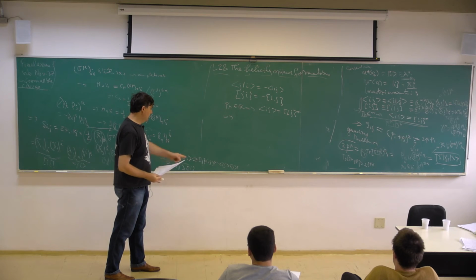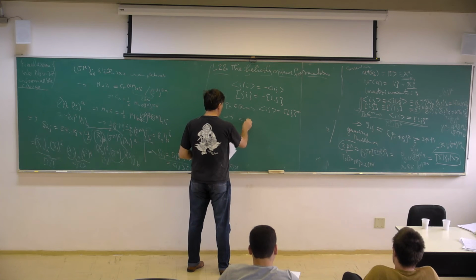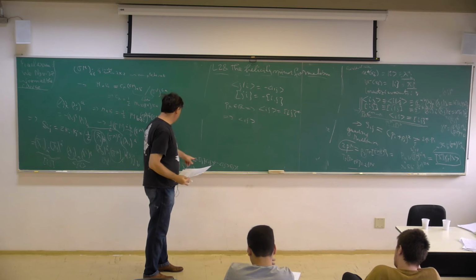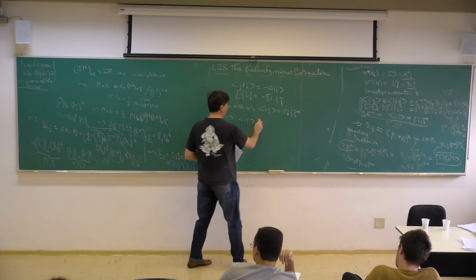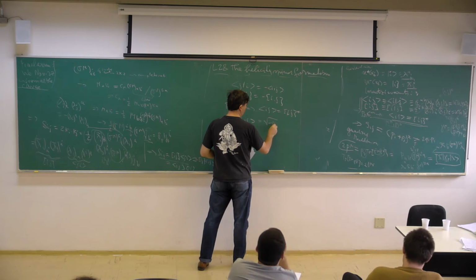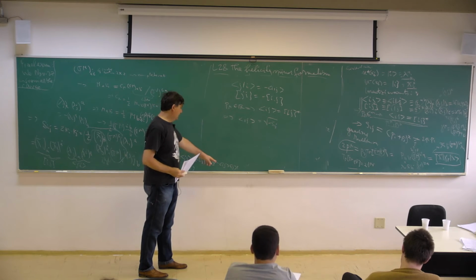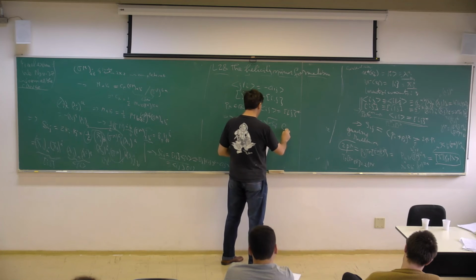So from this I can deduce that the angular bracket can be written as the square root of minus Sij. So that's a solution, but a phase would cancel out here, so it's times a phase.